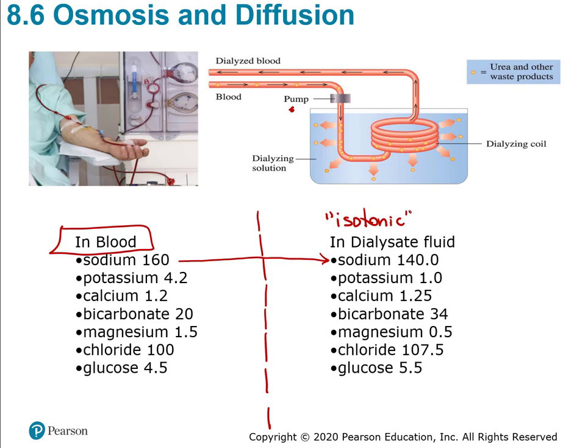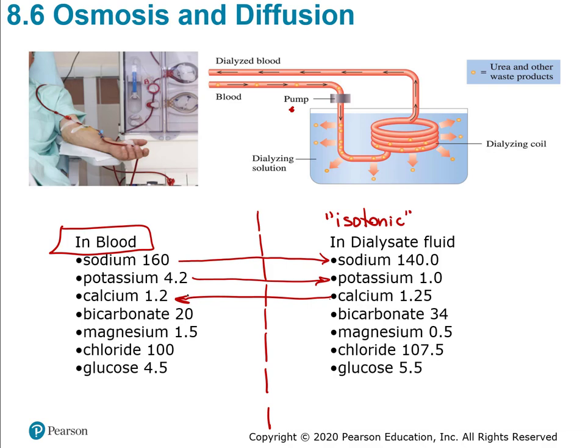If you had normal functioning kidneys, your salts and electrolytes would be like this. But potassium, 4.2 goes to 1. Now what about calcium? It'll go the opposite direction. In the fluid, it's 1.25. So maybe this patient's a little deficient in calcium. We can actually help to move things that the patient needs into the blood. Bicarb.